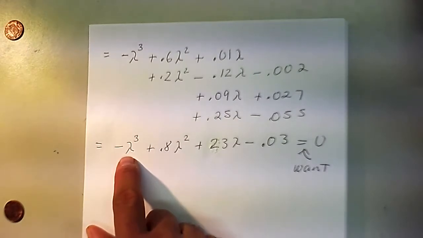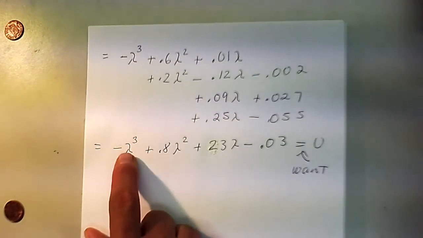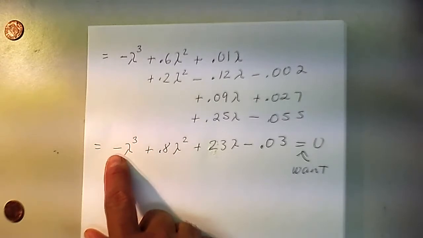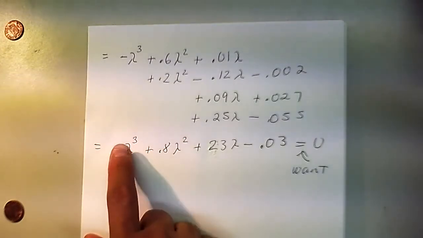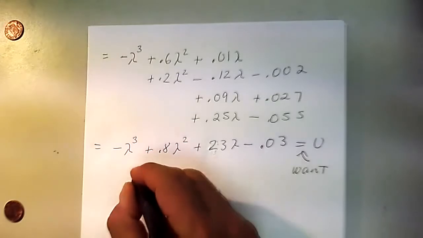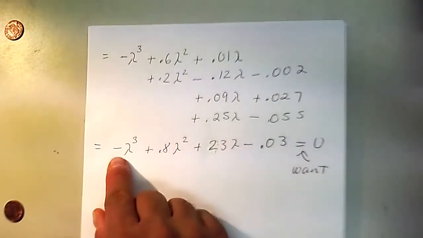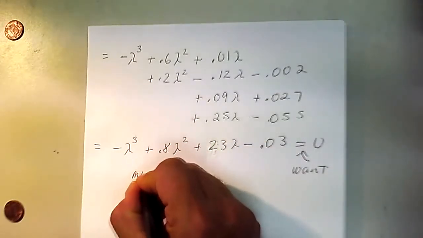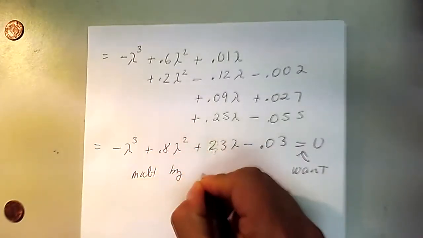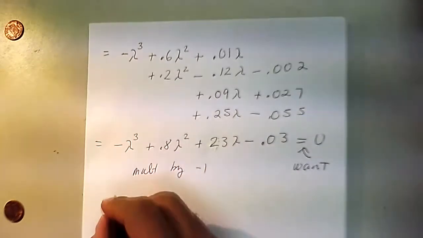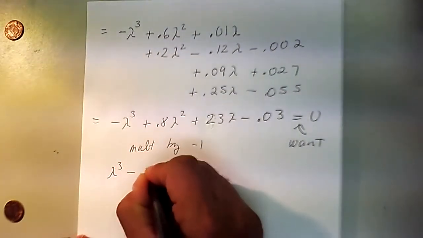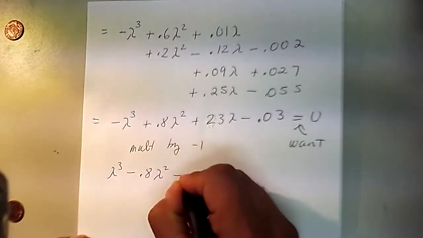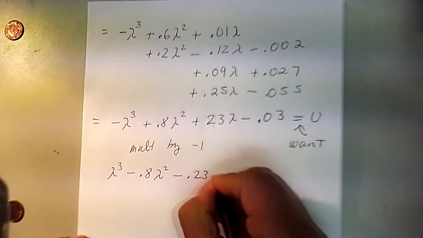So I prefer my polynomials to have a positive 1 or a negative 1 as a leading coefficient. So I'm going to multiply the whole thing by negative 1 just to have a nice positive here. And we end up with lambda cubed minus 0.8 lambda squared minus 0.23 lambda.